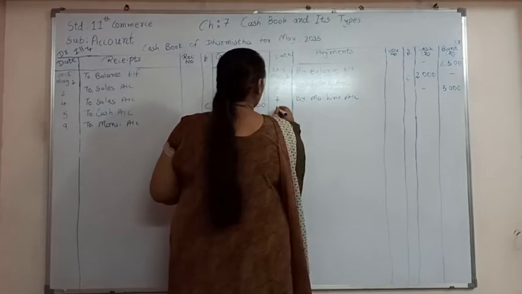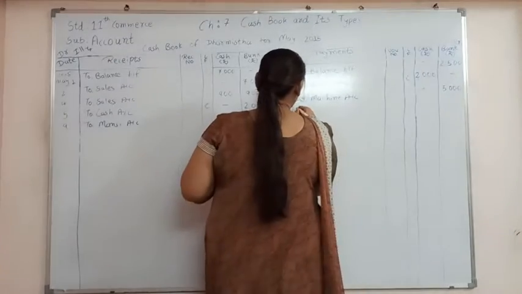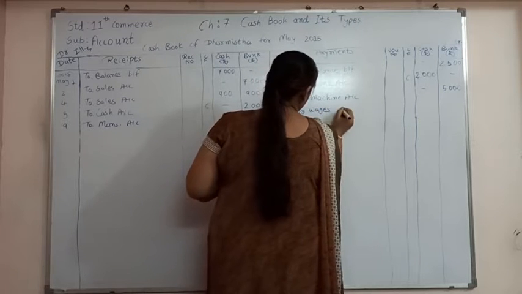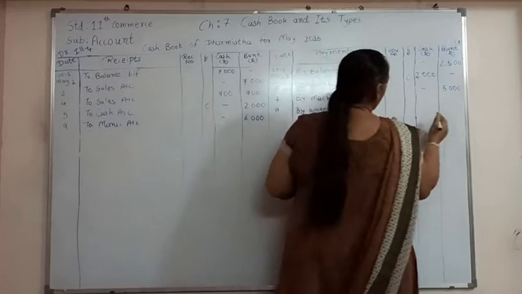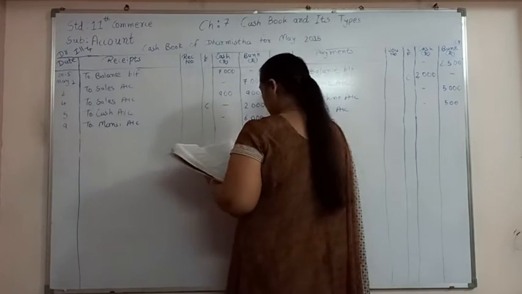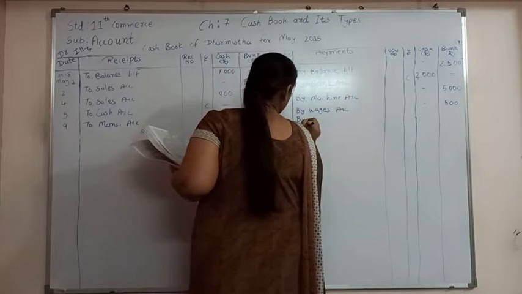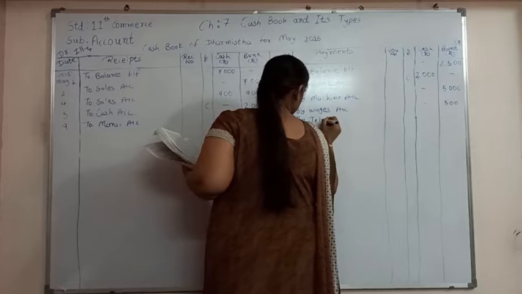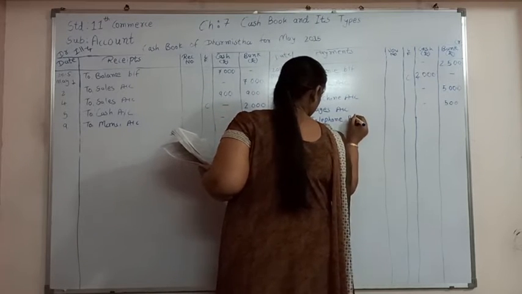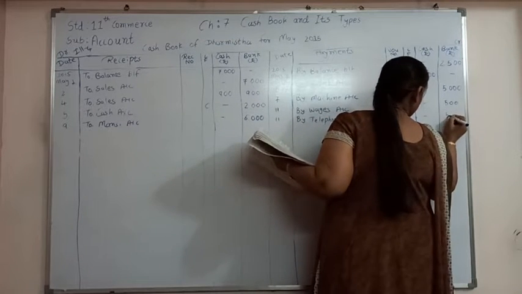So that will be on date 11 by wages account, that is 500. Next is by telephone bill account, that is again 500.